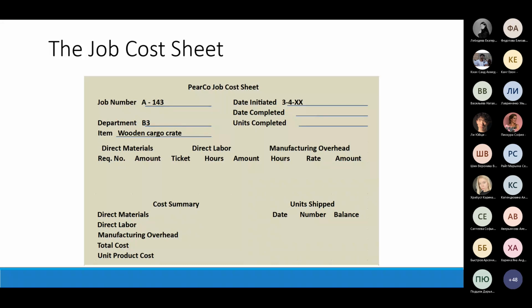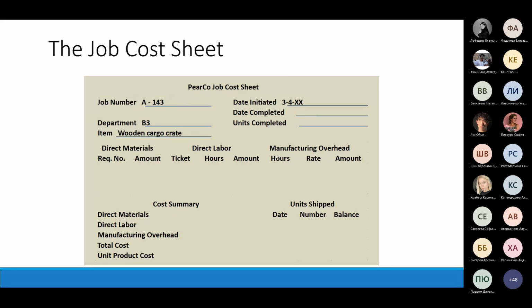The job cost sheet is a special document which includes the information about direct materials, direct labor, and manufacturing overhead. And here you can find the information about the cost driver. You can see here that manufacturing overhead is a heading, and here you can see the hours.